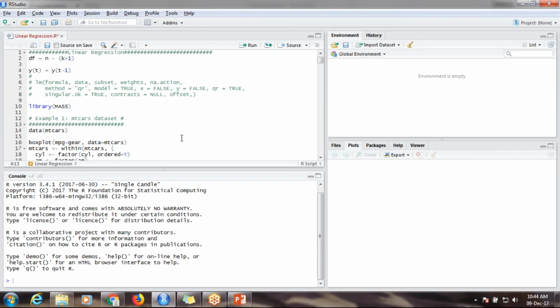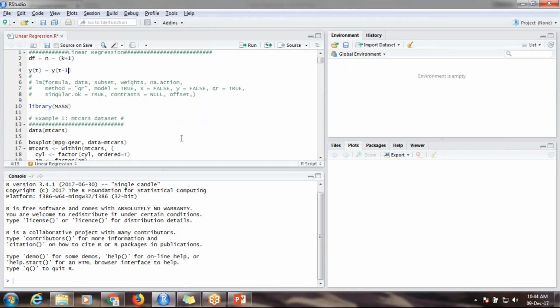For linear regression, that dependency of the y variable upon itself shouldn't be there. Otherwise, this is actually taken care of in time series. When we cover time series, I will show you that when a graph or an equation or my predictor variable is dependent on itself, it becomes a case of time series, and then we follow models like ARIMA or Holt-Winters.